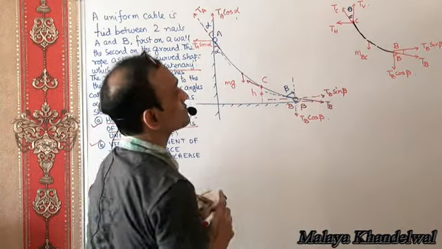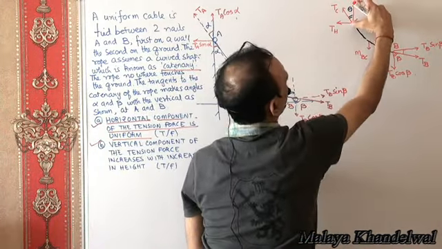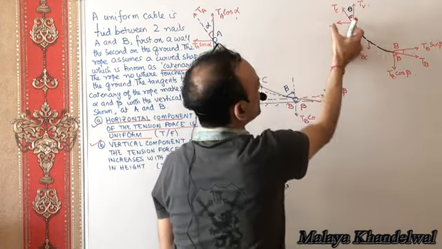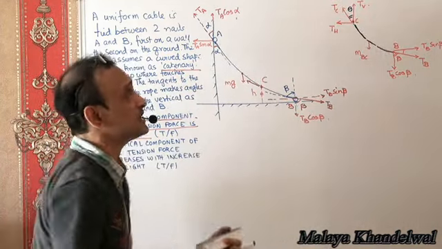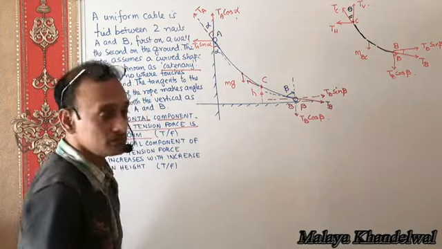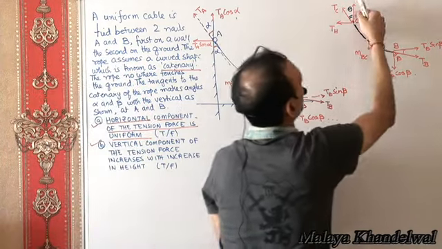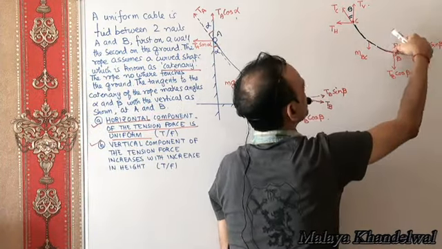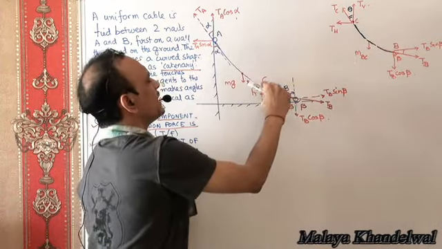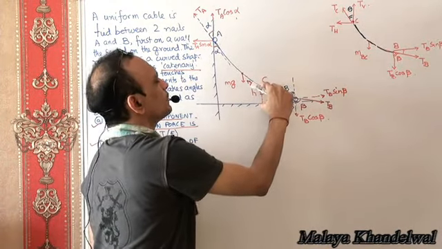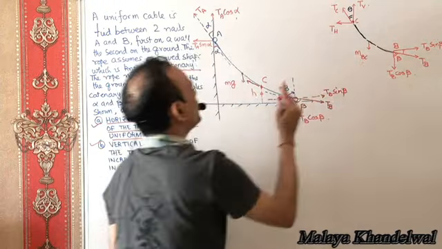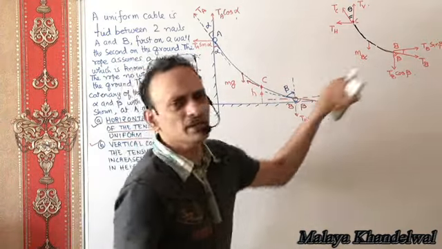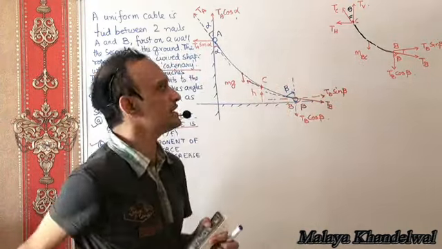This tension could be resolved as a vertical component TV, which is TC cos theta, and a horizontal component TH, which is TC sin theta. And there is weight of BC, right? So obviously, as you keep moving up, the weight will increase with h. Mass of BC will depend on h.